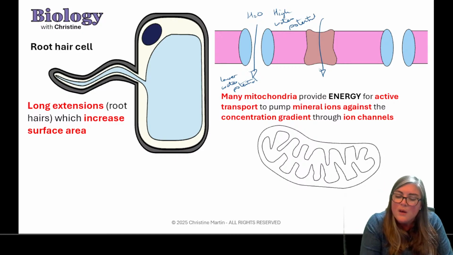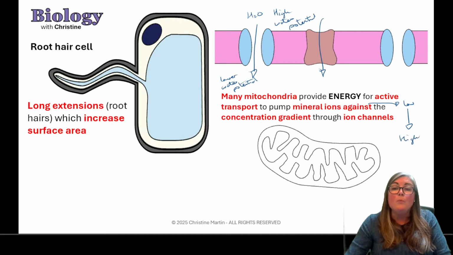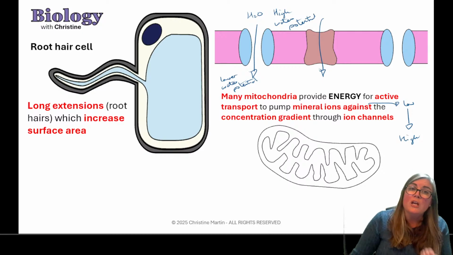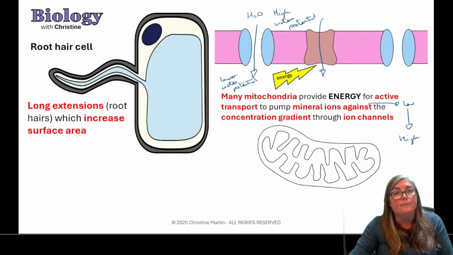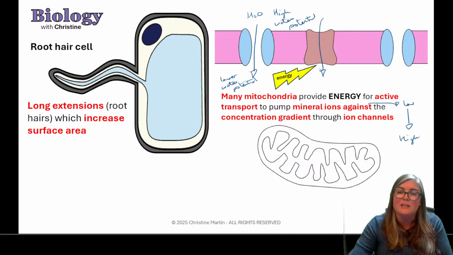Therefore, if it's against it, it has to be from a low concentration to a high concentration. So that will change the water potential, and that will allow water to move in by osmosis. So energy is required because we are doing active transport.